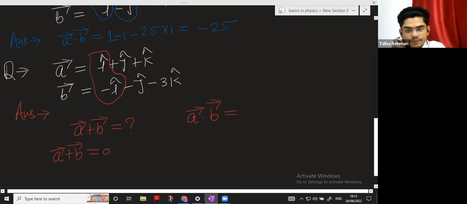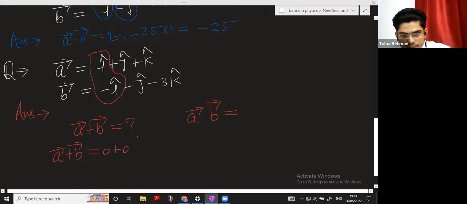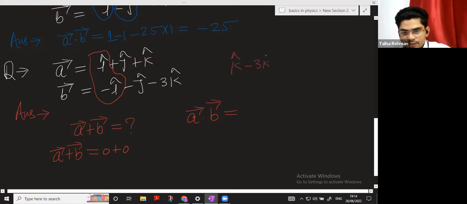And J minus J will also be 0. And K minus 3K, like K cap minus 3K cap, will be minus 2K cap. So the answer is minus 2K cap.